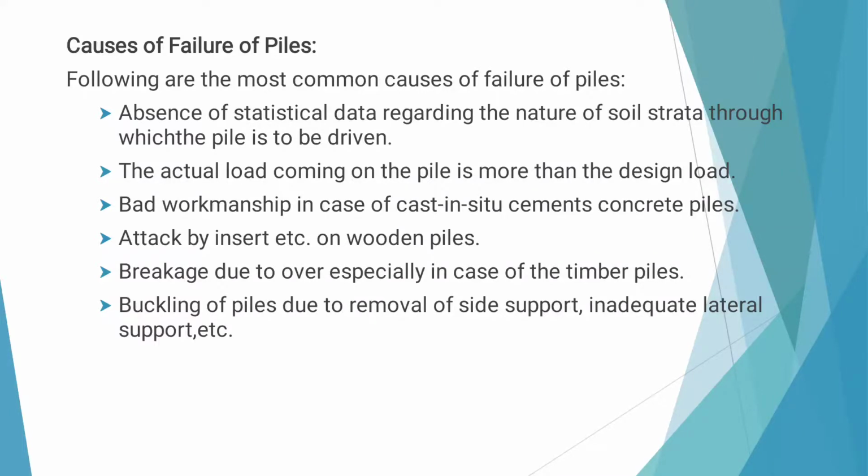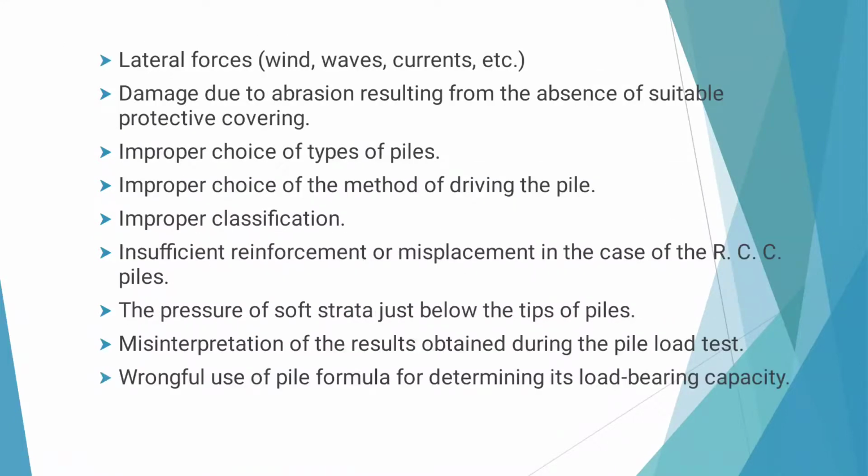The most common are the absence of statistical data regarding the number of soil strata where the piles have to be driven, and bad workmanship, and breakage in the case of timber piles. Others are buckling of the pile due to the removal of side support, the actual load coming on the pile being more than the design load, or lateral forces, or improper choice of type of pile, or improper classification, or improper method used for driving the pile, or presence of soft strata just below the tip of the pile, or wrong use of a pile formula for determining the load carrying capacity, or lateral forces such as wind, waves, current, etc.